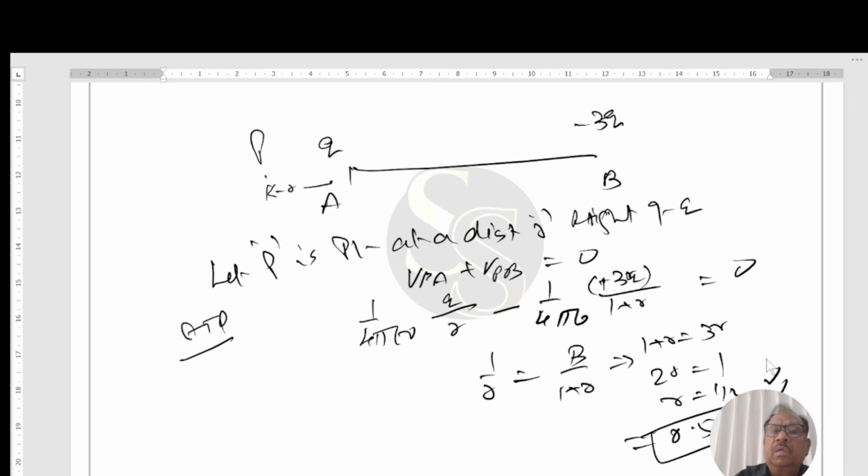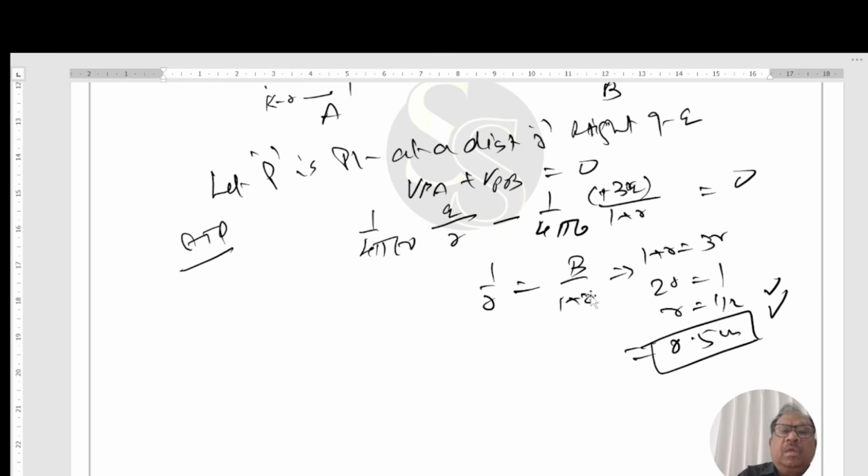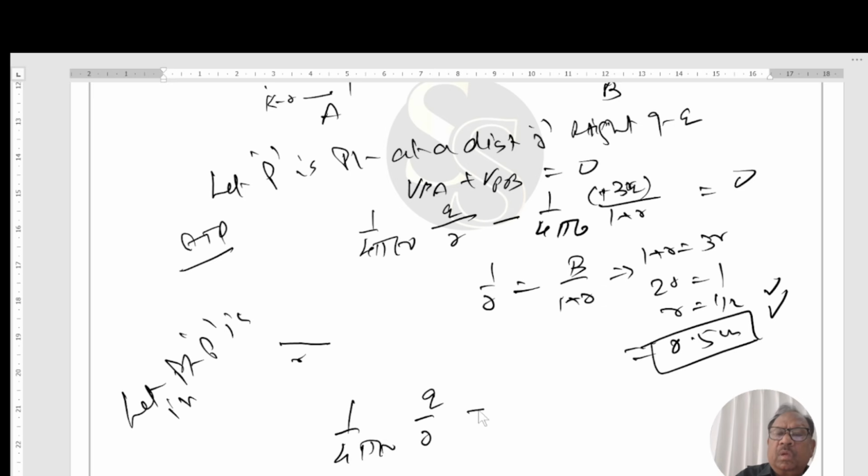What is this answer? अगर inside लेके देखें तो क्या होगा? Let point P is inside like this, r. So 1 over 4 pi epsilon naught q upon r minus 3q upon 1 minus r equals 0.